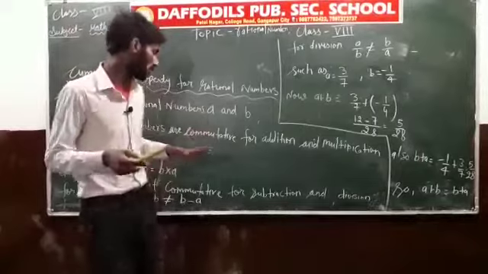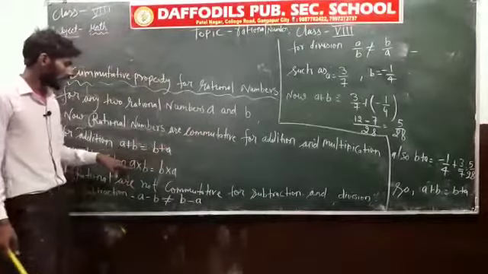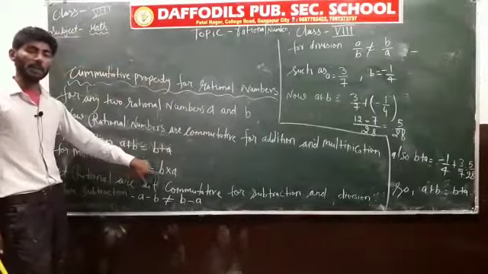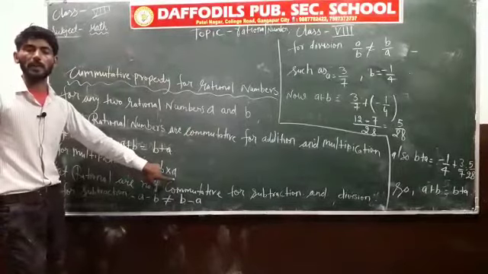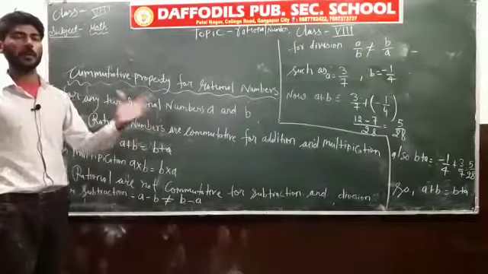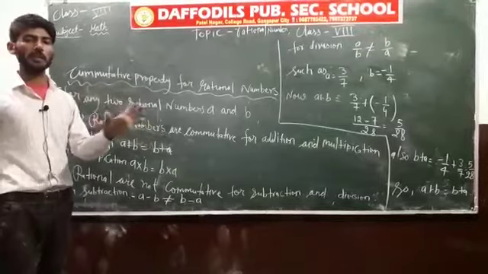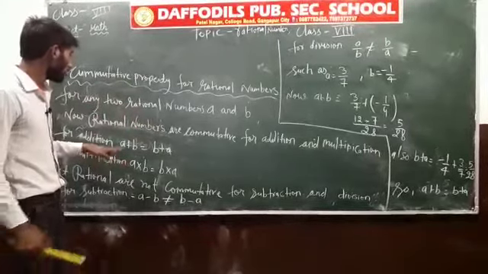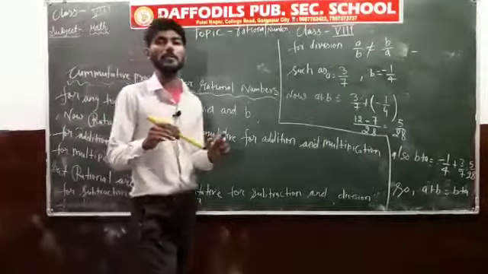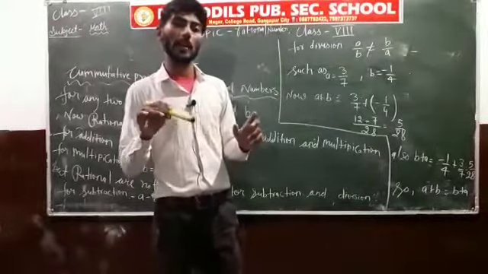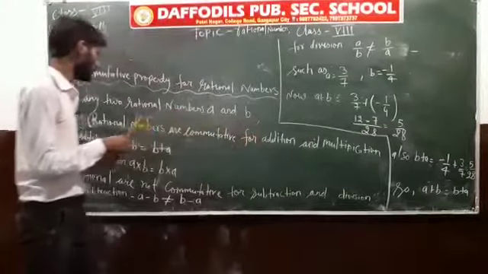No change in both terms. You can write a into b, or b into a. I mean you can write 3 into 5 or 5 into 3, and you get 15 in both terms. So first of all, rational numbers are commutative for addition and multiplication.